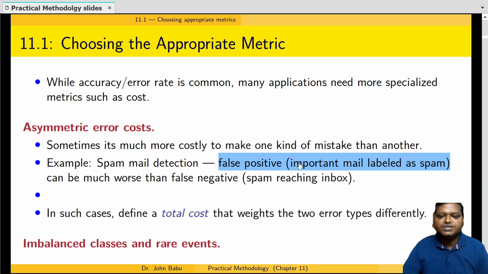That means here it is more costly than this one. So accuracy considers both things equally. But in such cases, the cost of false positive is more, and the cost of false negative is different. So that is one case where accuracy may not be a perfect metric.